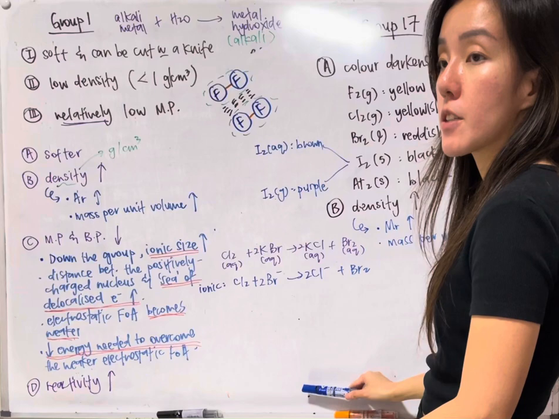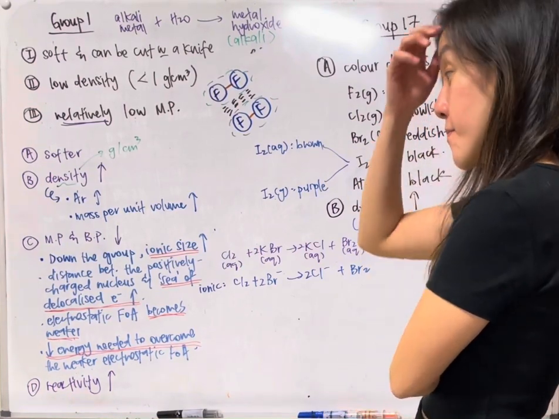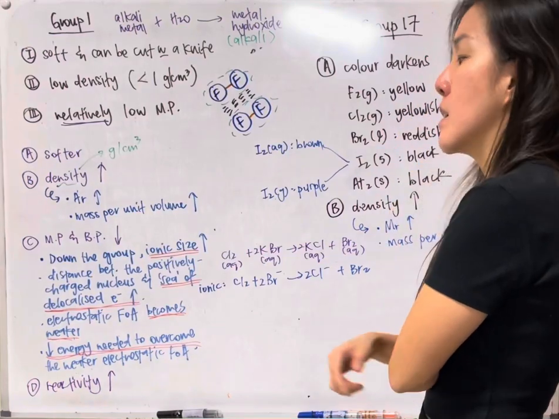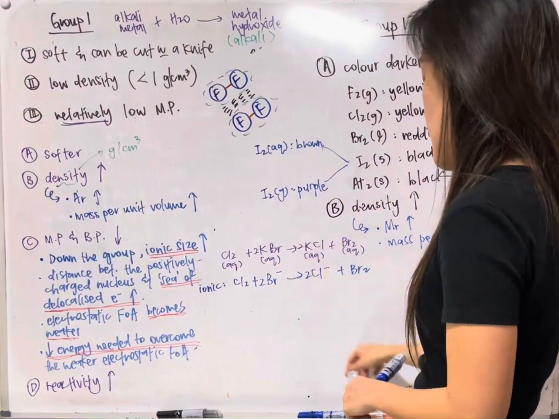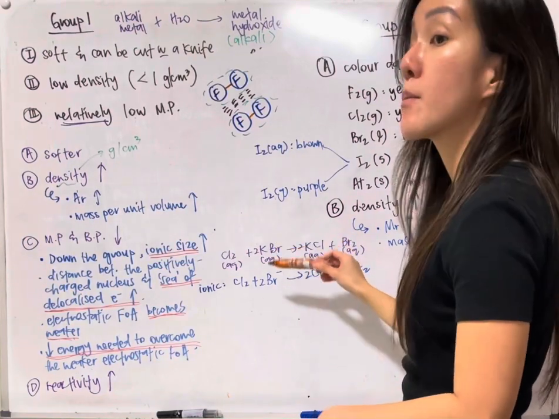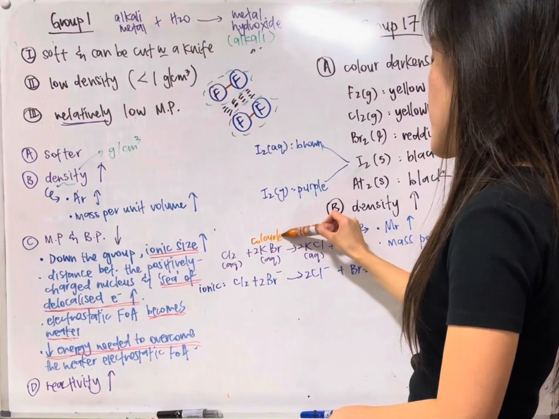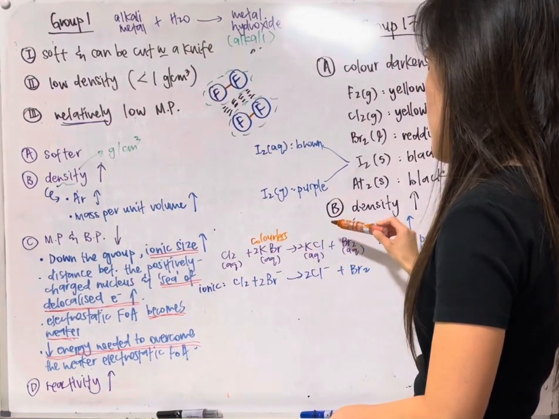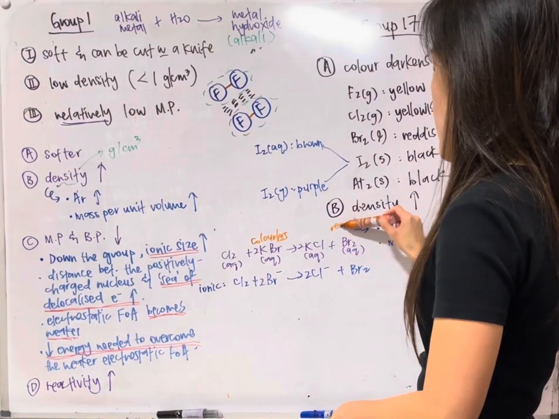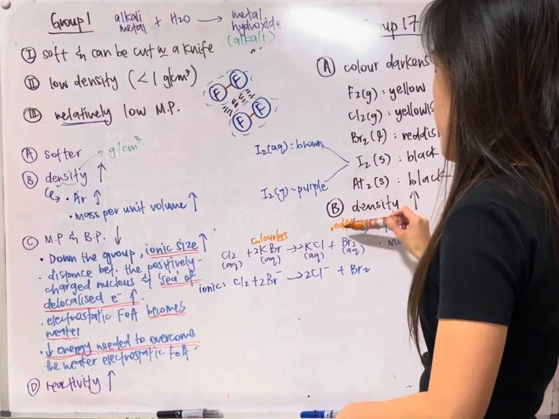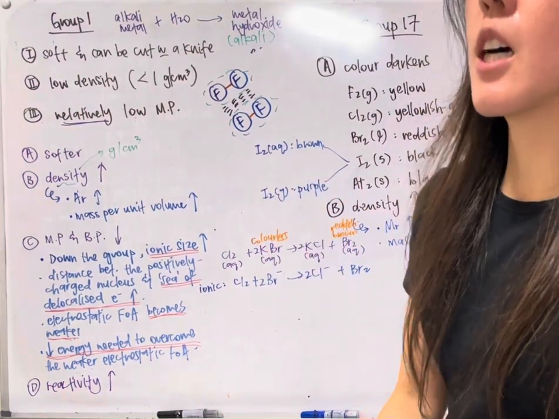Chevelle, tell me the observation. What's the color if I add this to here? Originally, potassium bromide is what color? Colorless. And then later it will start to form bromine, right? So what is the color? Reddish brown. Now, how are you going to explain in the exam, Chevelle, for the observation?